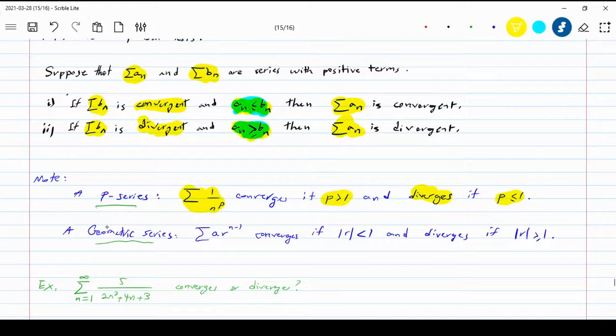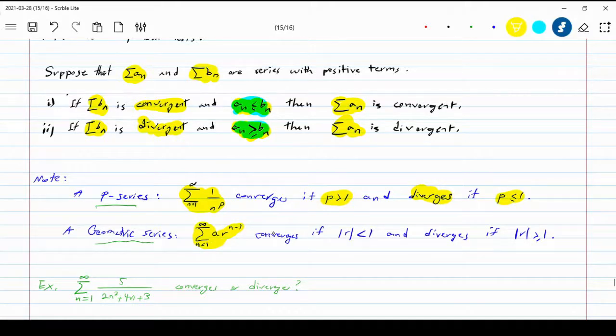Okay. A geometric series is in the form of the summation of a r to the power n minus 1. Again, this power doesn't need to be n minus 1, it could be n, but generally speaking, this is the format. And n starts from 1 to infinity. Again, the starting index doesn't need to be 1, that's why I didn't write it, but you can be picky and say, okay, let's start with 1.